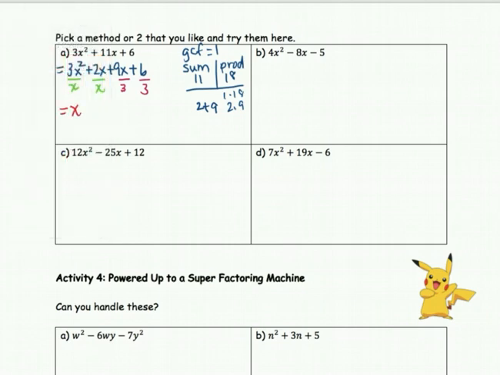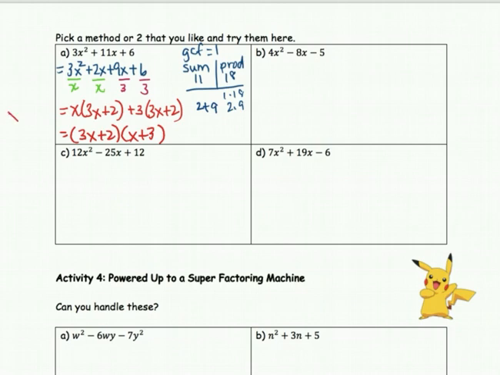So that leaves us with a 3x plus 2. And in this one, a 3 comes out and leaves us a 3x plus 2 as well. So that's the common factor to pull out here, and that leaves an x plus 3 behind. All right, that's decomposition.